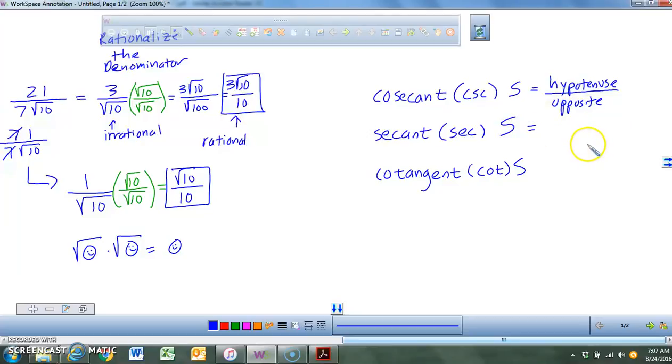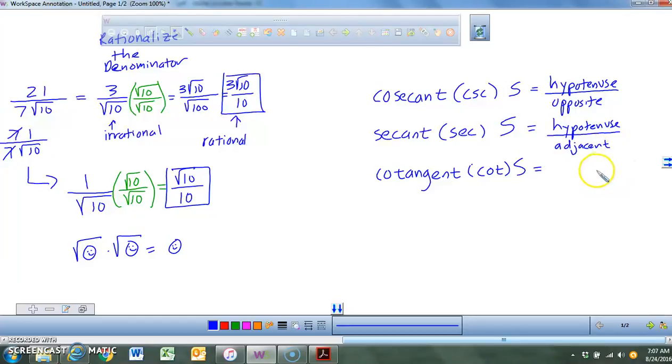So the secant is the reciprocal, or the inverse of cosine. So we're going to have the hypotenuse in the numerator, that length, and the adjacent side in the denominator.